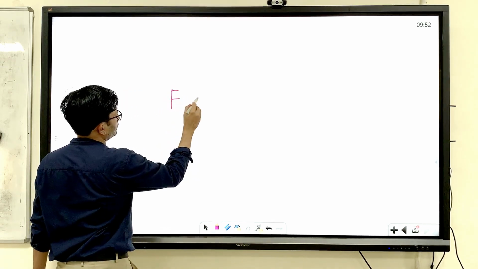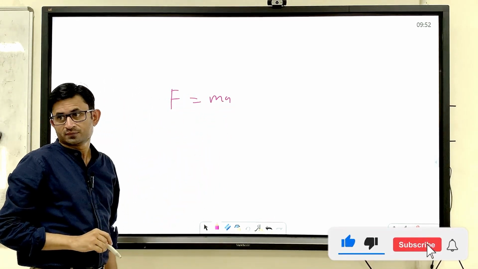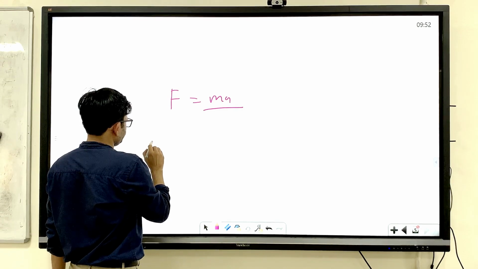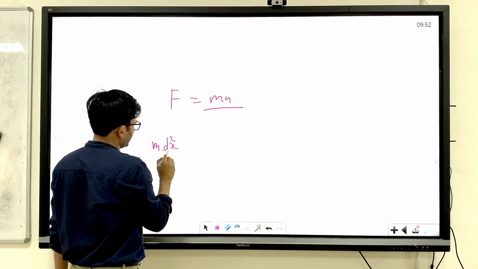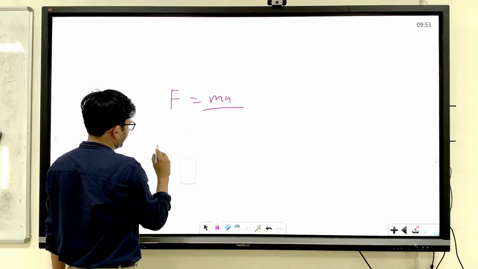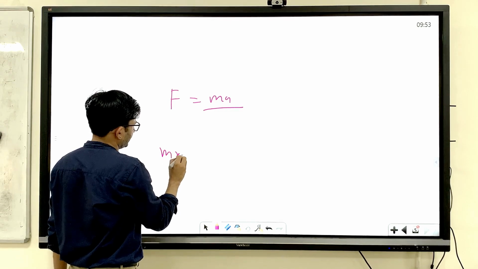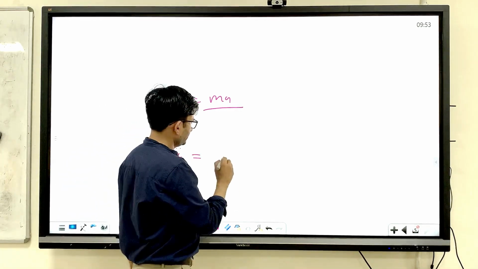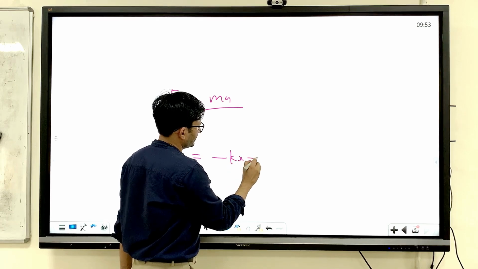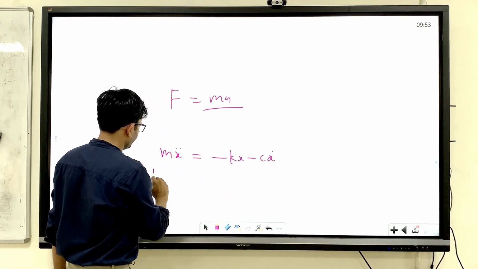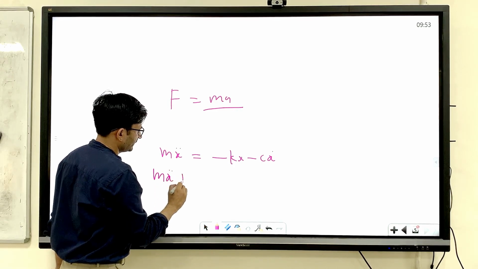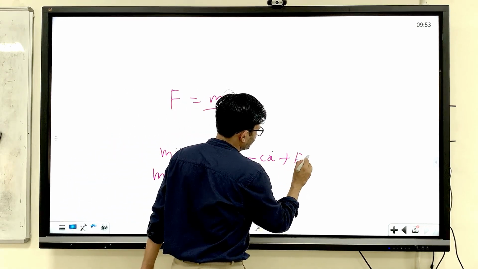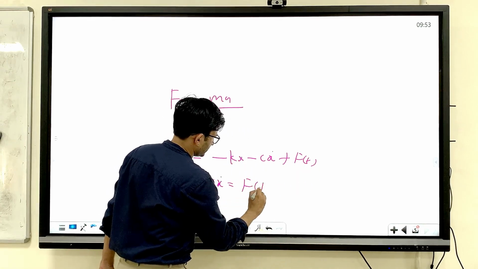So in the equation of motion, what is F equal to ma, right? So ma you can write as m d square x by dt square, or m x double dot. And what will be the restoring force? Minus kx minus cx dot. If you bring this to this side, you will have m x double dot plus cx dot plus kx, and you are applying some input also, right?